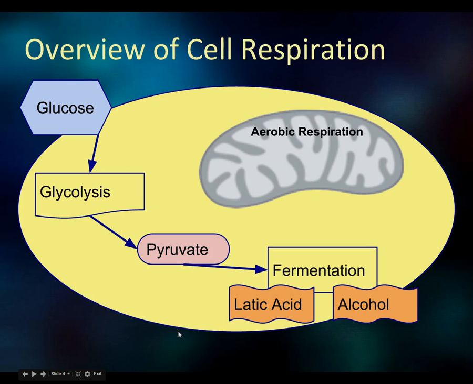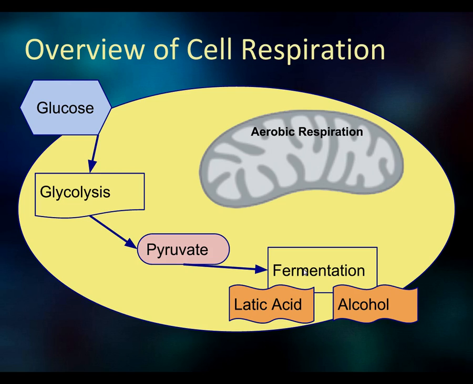So there are two pathways that glucose can go. The first step is always glycolysis. After glycolysis, the pyruvate that is made from the glucose can then move into aerobic respiration and produce more ATP, or it can go through fermentation. Now, it's important to realize that fermentation does not give you any ATP.